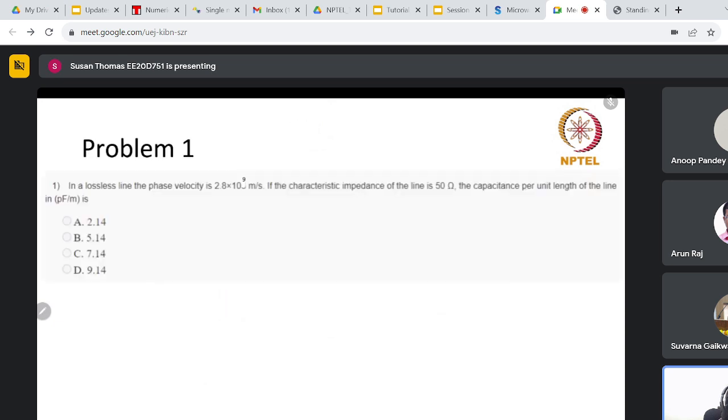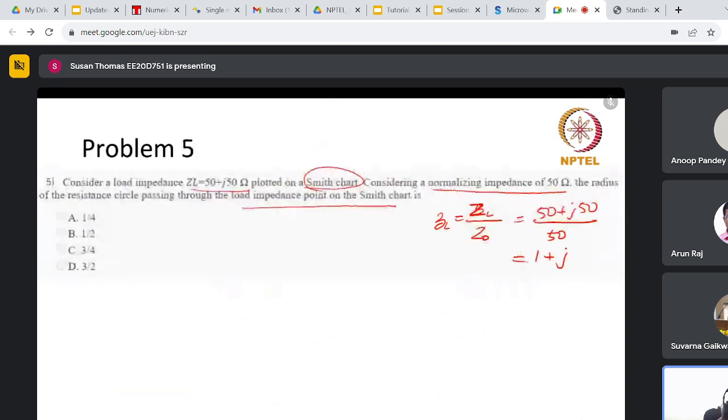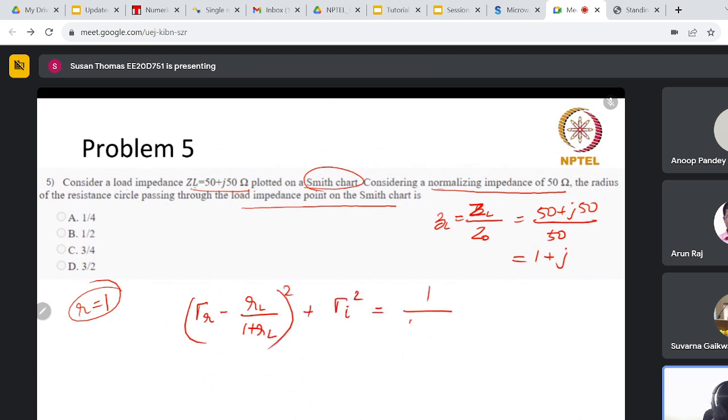Now the question is about the radius of the resistance circle passing through the load impedance point. Remember, R equal to 1 doesn't mean that the radius is 1. There is an expression for the resistance circle equation: (Γr minus RL by 1 plus RL) the whole square plus Γi square is equal to (1 by 1 plus RL) the whole square.